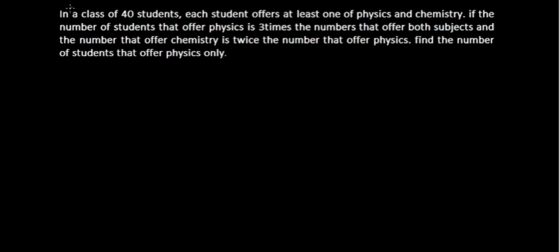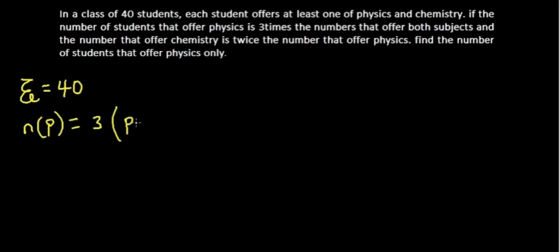When you want to answer questions pertaining to sets, the first thing you need to do is to bring out the parameters that you are given. We know that our universal set, the total number of students here, is 40. We're told that the number of students that offer physics, P, is 3 times the number that offered both subjects.